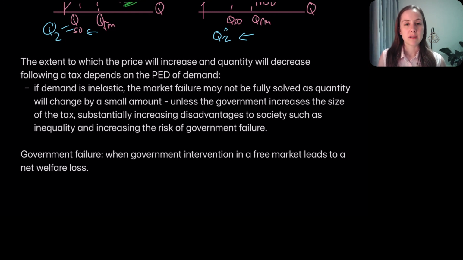It's possible that the tax doesn't change quantity very much if demand is inelastic, and that could lead to a lot of potential negatives with the policy having very little effectiveness. Remember that government failure is when government intervention leads to a greater welfare loss than gains.